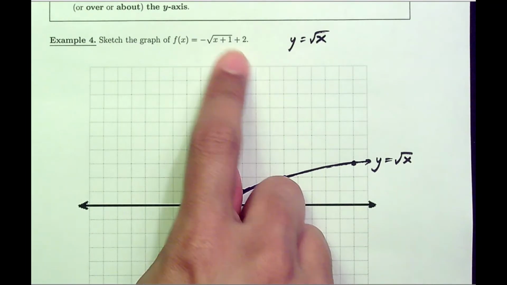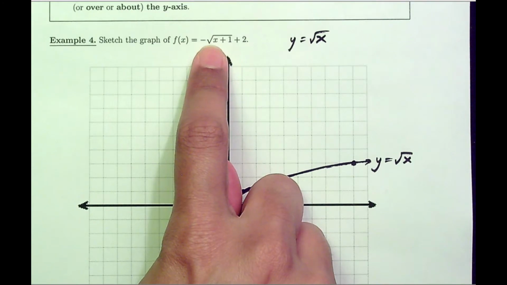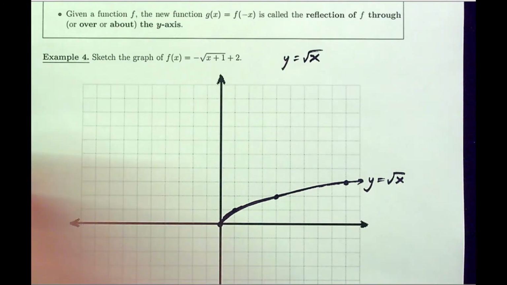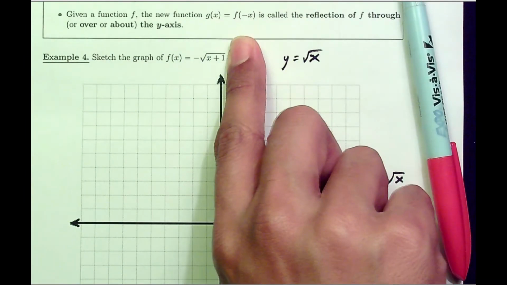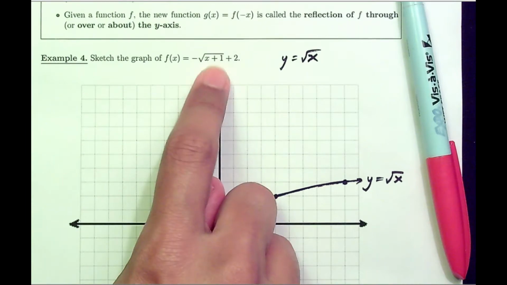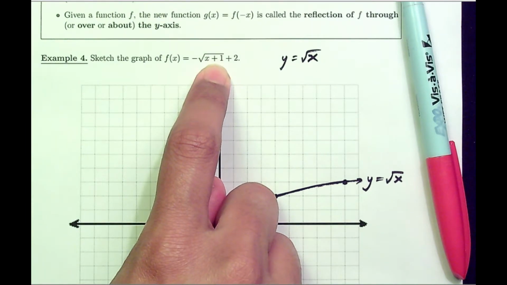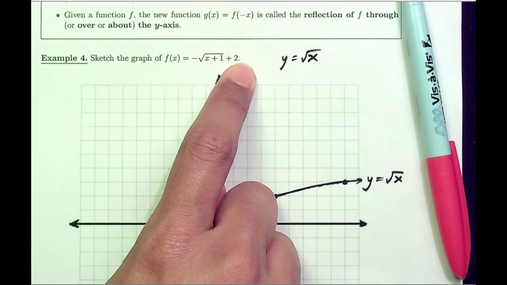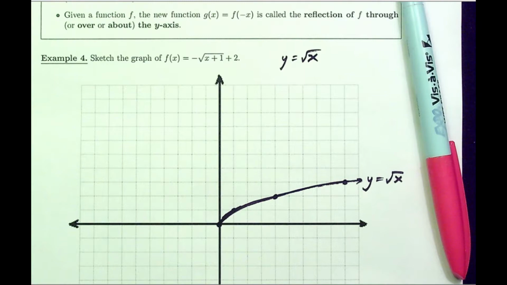And then there's a minus outside of this, which is going to reflect that piece. And if you follow the order of operations, you should really then do this part first, and then that part, and then that part. We should have done it in the previous ones as well.